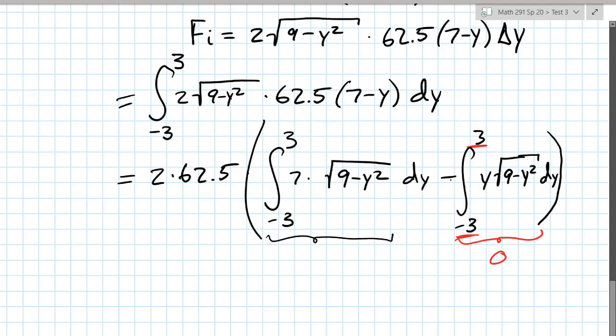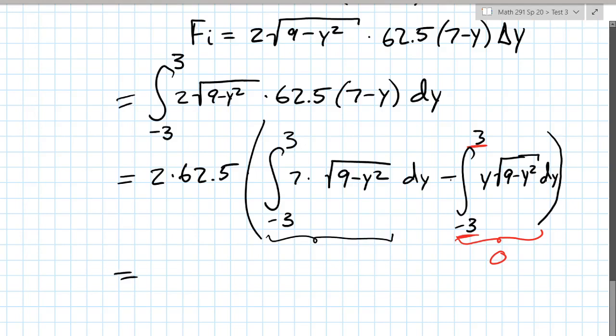We could use trig substitution. Notice u substitution wouldn't work well because there's no y here. Or we could use the fact that this is the area of a semicircular disk with radius 3, and use geometry to solve this.